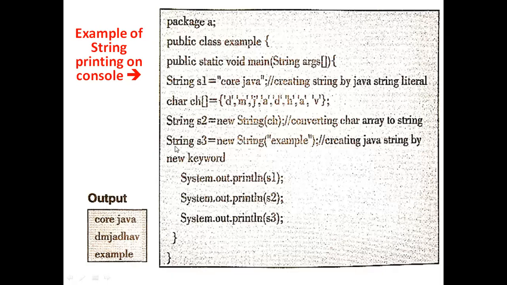This is another method of storing an array which is of character type into a string. Afterwards we have declared one more string, that is s3, in which we have stored a string directly. Therefore, we have written new String, and in this s3 we have stored "example", which is a string. And afterwards, we have just displayed s1, s2, and s3. In this example, we can see we have used three different ways of storing a string into a variable.